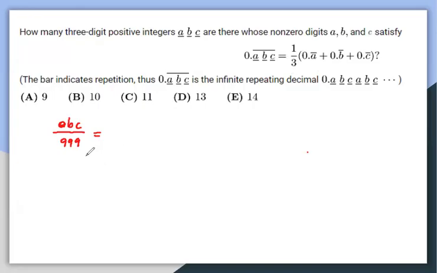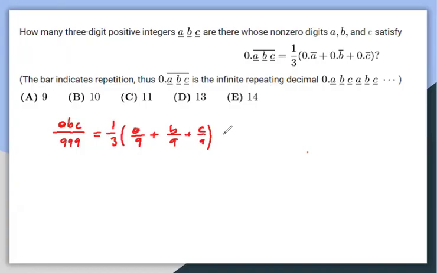That's actually how we get 999 in the first place, but I'm not going to dive into that much yet. The next one is basically 1/3. And then we have 0.A repeating, which is equal to A over 9, and then 0.B repeating is B over 9, and then C over 9.